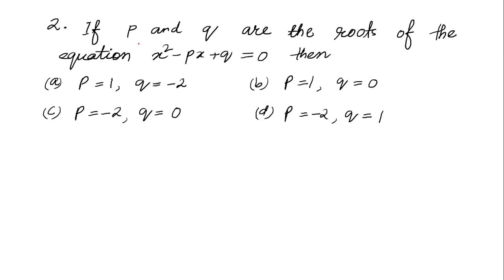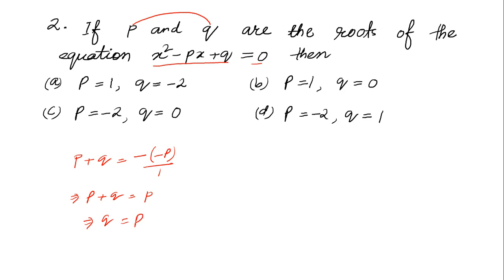Question number 2. If p and q are the roots of the equation x square minus px plus q is equal to 0, then p and q are the roots, right? So what will p plus q be? Sum of the roots is equal to minus b by a, which is 1. So p plus q is equal to p, and then q is equal to what? p minus p is equal to 0.